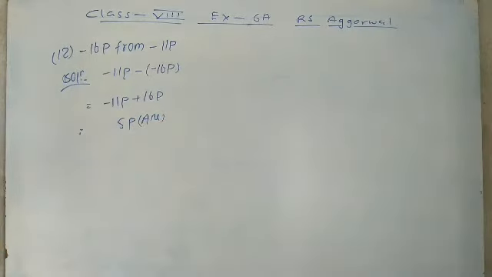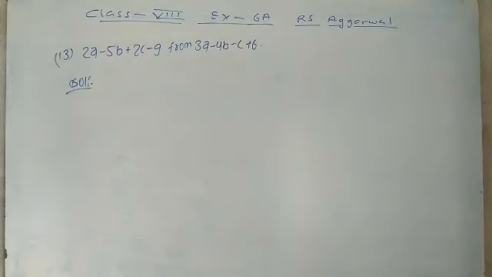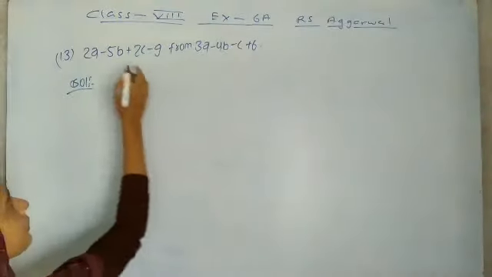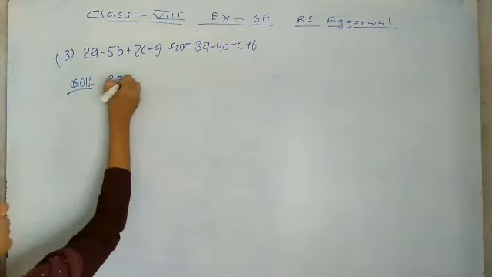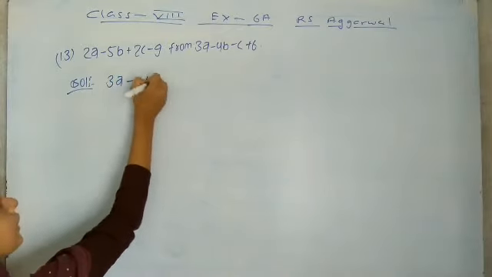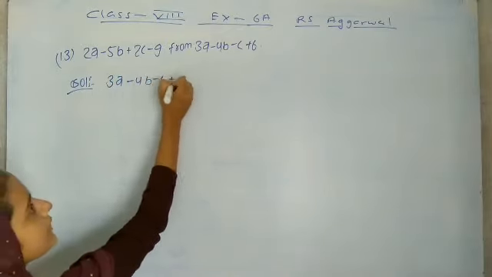Now let's move to the 13th question. So question number 13, that is subtract 2a minus 5b plus 2c minus 9 from 3a minus 4b minus c plus 6. Firstly we will write the term of 3a minus 4b minus c plus 6.